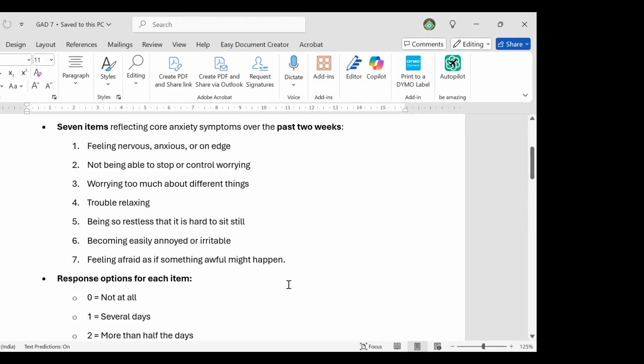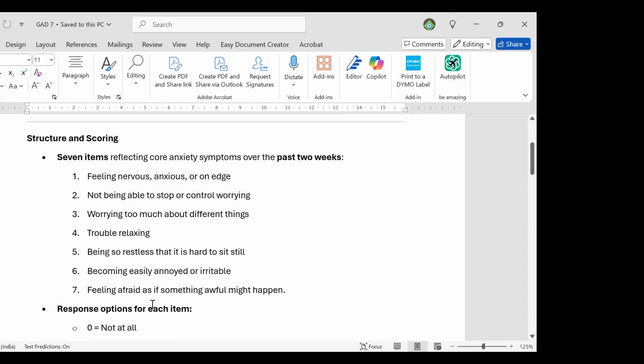If we go on discussing the details of all the scores, I think we'll overshoot the time. But for the sake of brevity, it just assesses the anxiety level: whether he's been on edge, whether he's overthinking, whether he's finding it hard to sit without doing anything or thinking anything, how his mood is, whether he becomes annoyed or irritable, and whether he's afraid that something awful might happen.